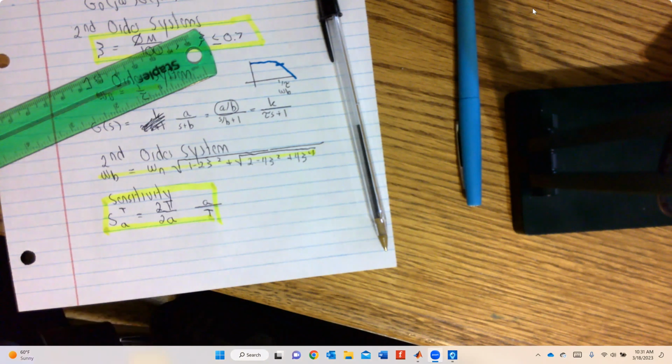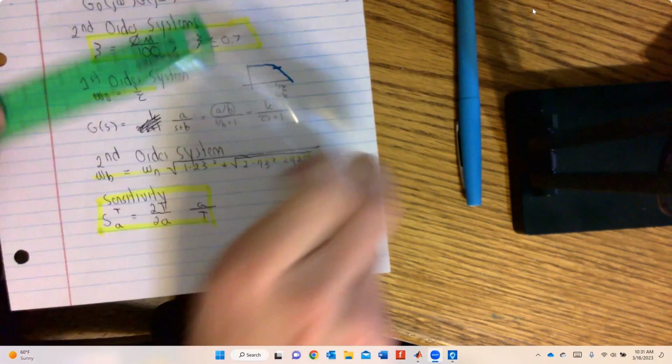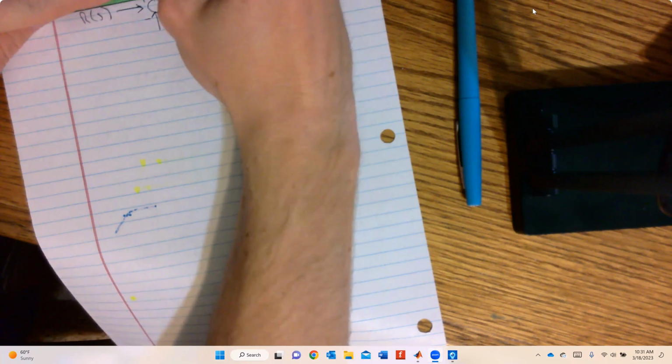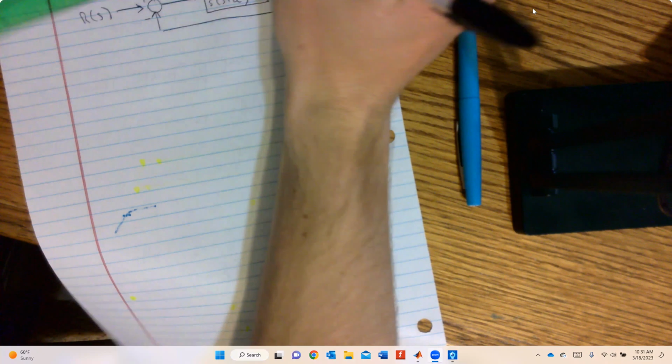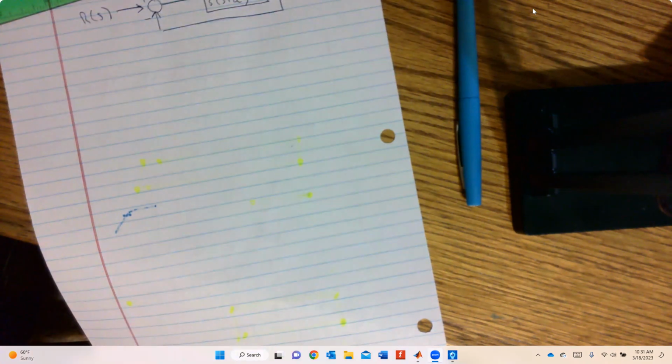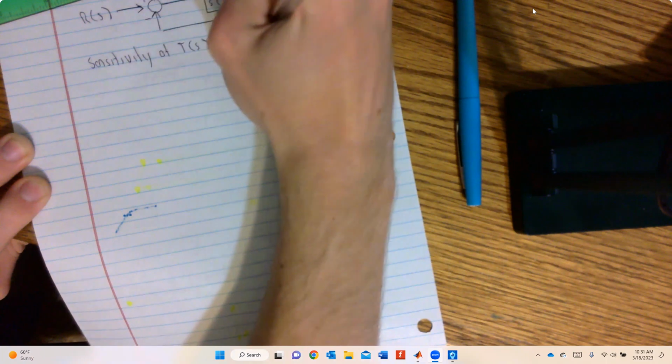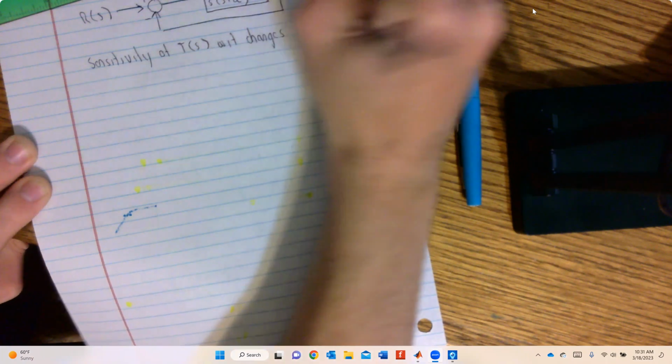Suppose we're given R of S going into a summing block, and then K over S times S plus A, and then going to our output C of S. If we have to determine the sensitivity of the closed loop function, the sensitivity of T of S with respect to changes in A, we need to find the closed loop transfer function first.